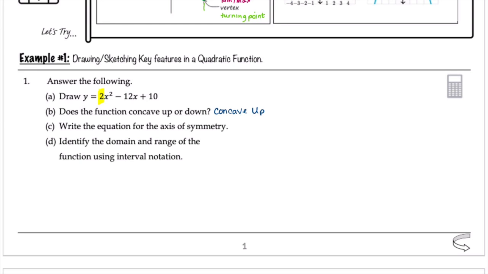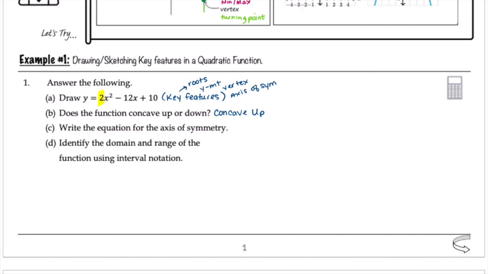What we are going to do for part A, our drawing piece, is identify the key features. What are our key features? The intercepts, the vertex, and the axis of symmetry. I am lucky here because this is a calculator question. All I'm going to do is input this into my calculator to find all of those key features.